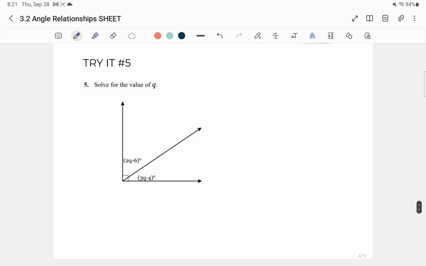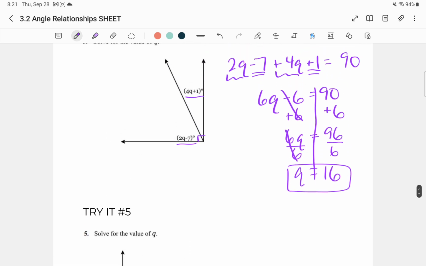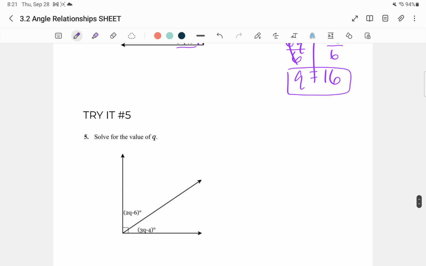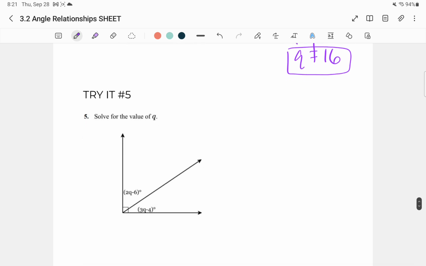All right, so try it number 5 uses q's again. So again, these are going to be complementary angles, so they add to 90. So 2q minus 6 plus 3q minus 4 is equal to 90. I'm going to combine like terms and get 5q.